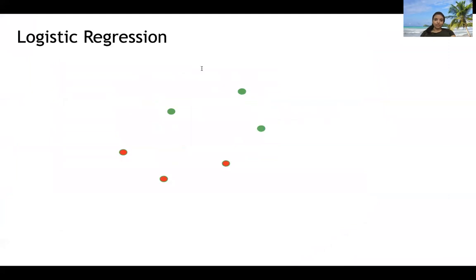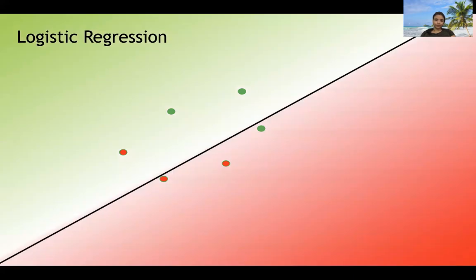Now the question is, how do we find the line that best fits the data? So let's look at this example. Here, there are green points and red points. And now, how will we separate the green points from the red points? For that, we will draw a random line and we will label the region above the line as green and the region below the line as red.